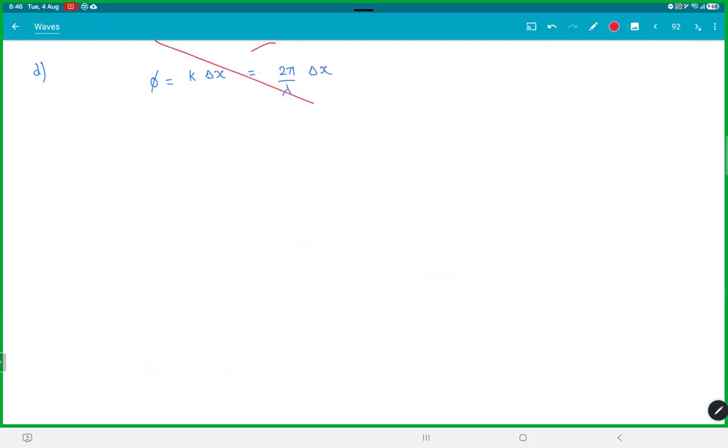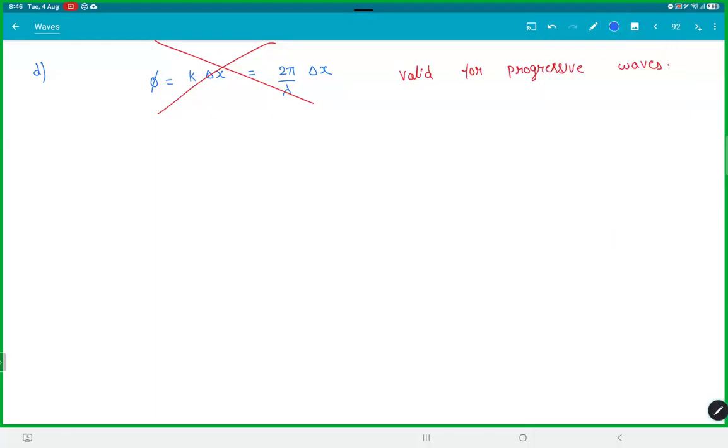Don't use this. This is wrong. This is valid for progressive waves. You should not use this formula for a stationary wave because a stationary wave is a combination of two progressive waves. This formula we derived for a progressive wave. This is the most common mistake people make. They use this formula, they put the numbers and they get an answer and they get trapped.